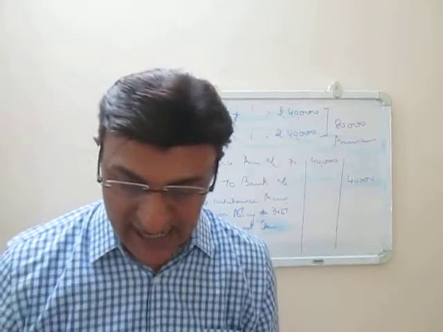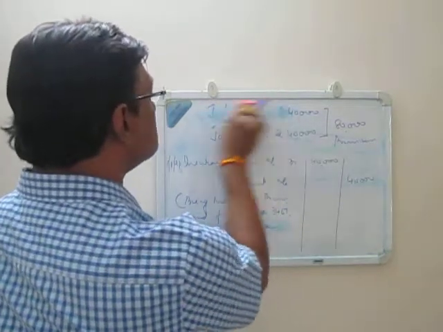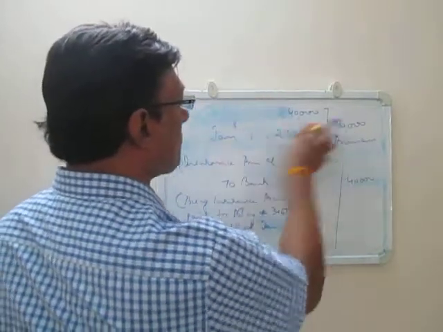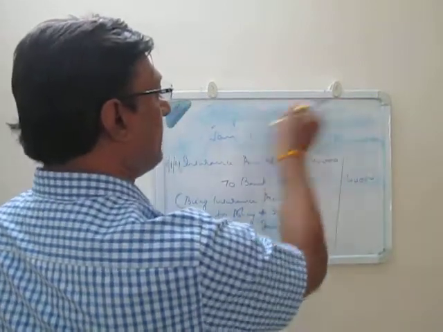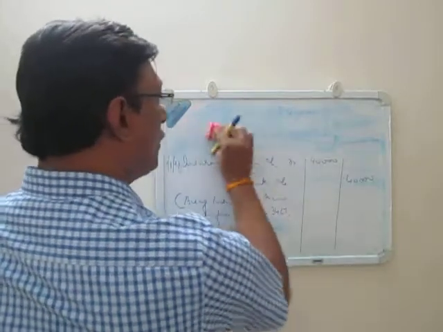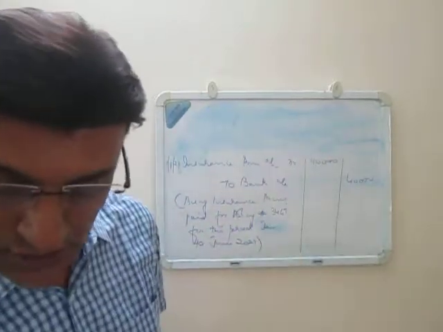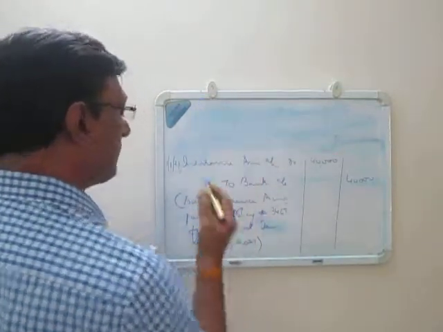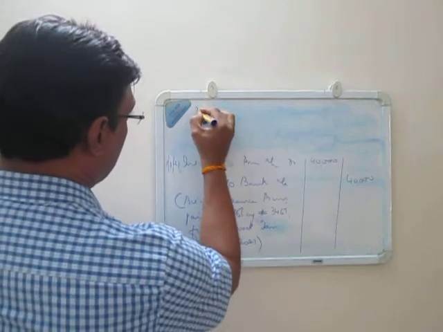So the entry passed or to be passed on 31st March 2021 would be this correction. So let us say I am posting the entry for 31st of March 2021.